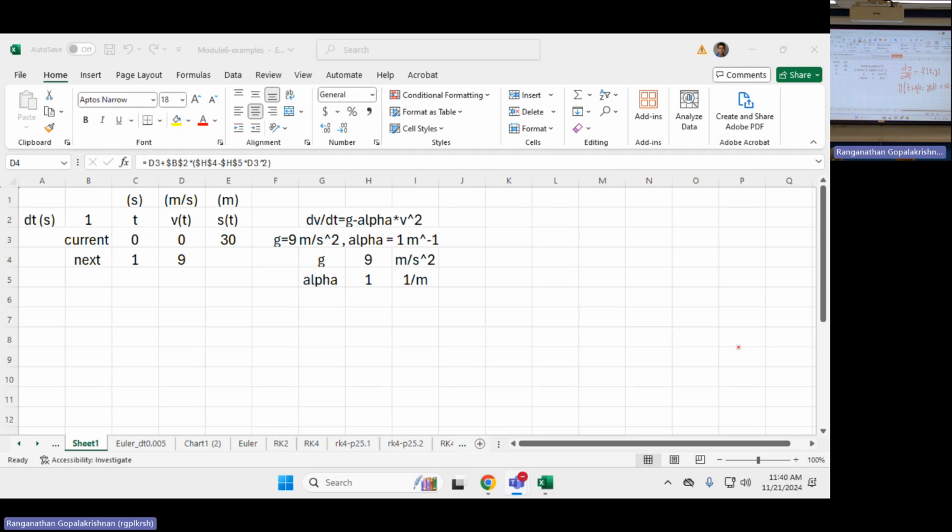You're okay with this? So I'm just applying that for our equation, which happens to be this one, dv dt equal to g minus alpha v squared. So if I want to write the velocity or speed at the next time step, it is equal to whatever the current value is plus delta t multiplied by the function, which happens to be g minus alpha v squared.